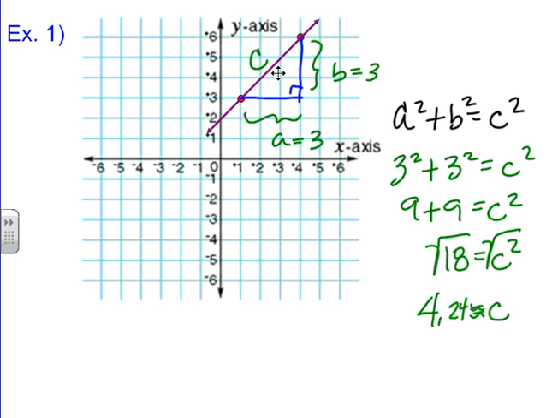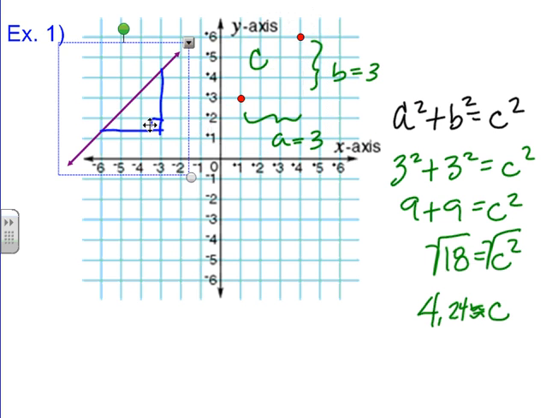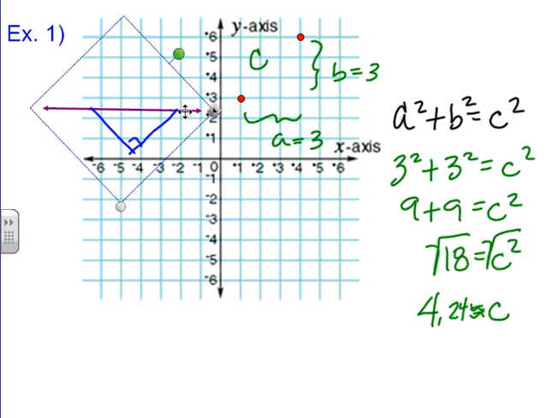Now, at first glance, you might not agree with that. You might say, well, that line there looks like it went through 3 boxes. Well, let me prove it to you. Let me grab this line and that little blue triangle that I made, and group them together. I'm going to move it out of the way here and rotate it and see it along the coordinate plane itself.